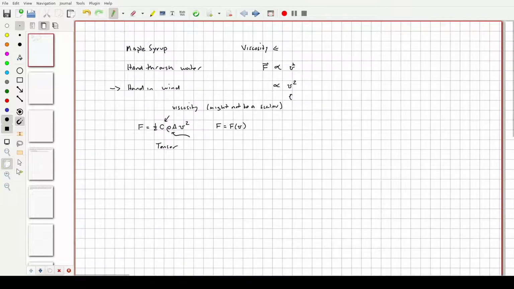Now, this rho thing is a volume density. Okay, it's the amount of mass per unit volume you have. So that's a density. This is what's called the cross-sectional area. It's the cross-sectional area of the thing that's moving through the fluid.